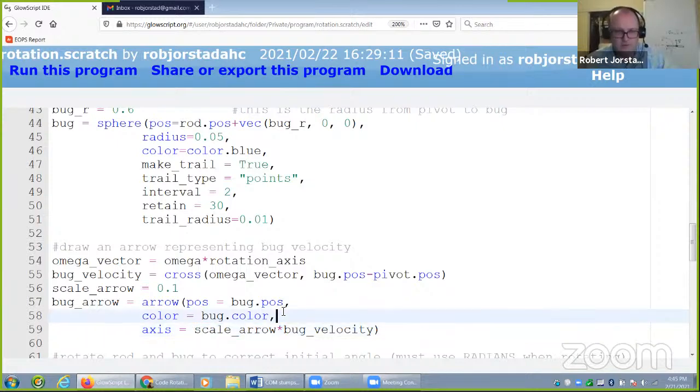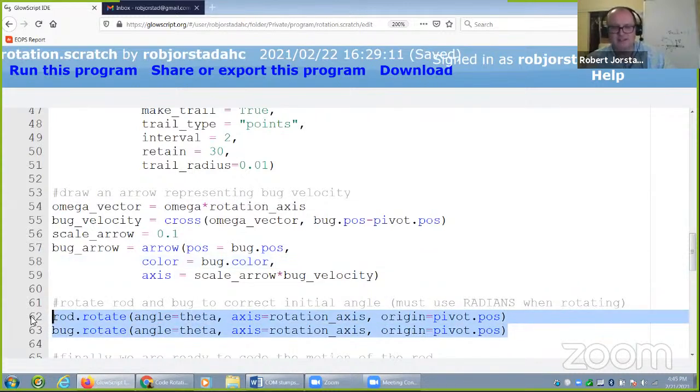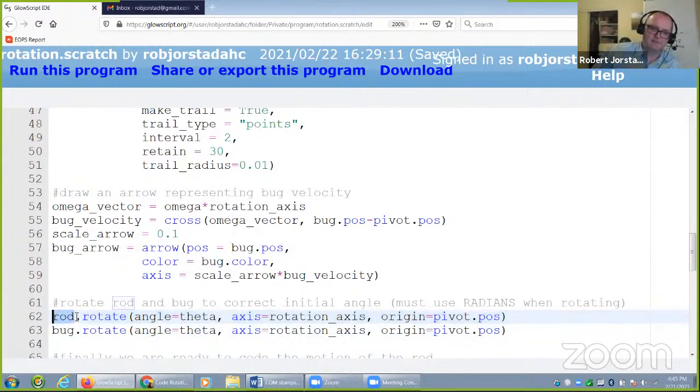All right. Next, finally I get to it. This is the piece of code that tells you how to rotate something. So if I take this rod and I rotate it, I choose an angle. Well, the angle we wanted was 30 degrees. Okay, the axis of rotation, actually the default, I believe, is the k-hat.